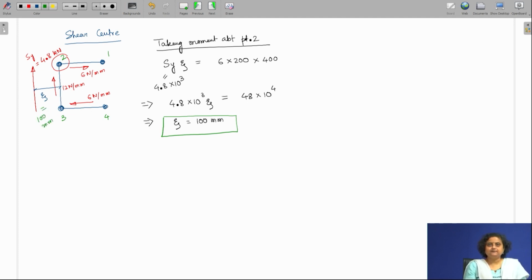Now we can see that finding the shear center for an actual cross section would again be immensely cumbersome. We have to do huge calculations to find the shear center for an actual cross section.